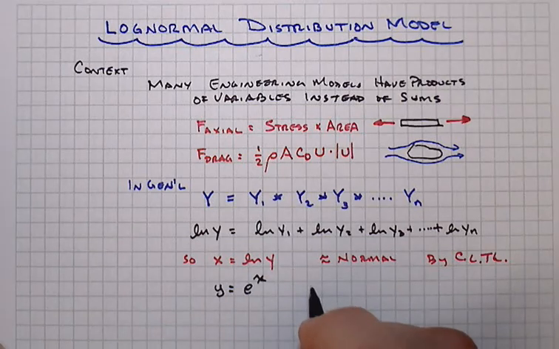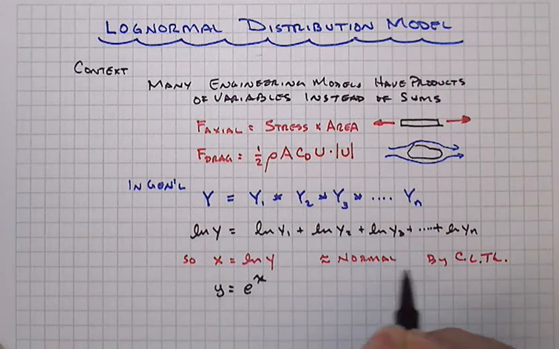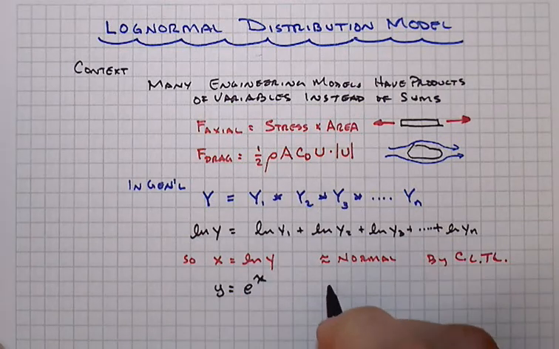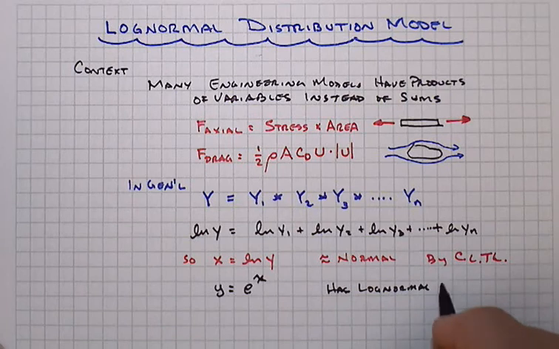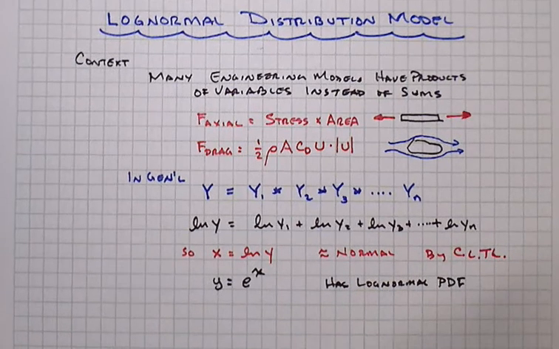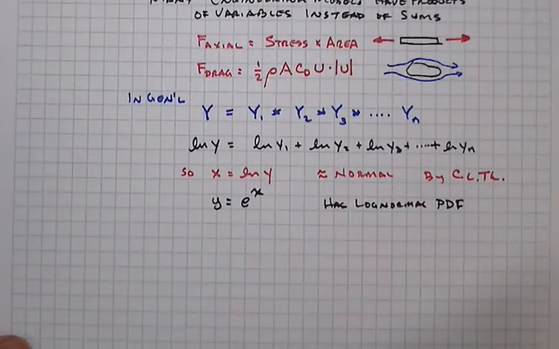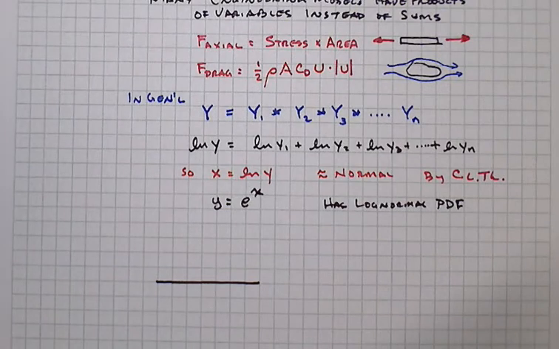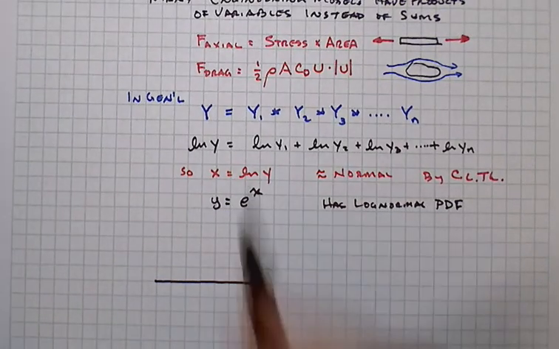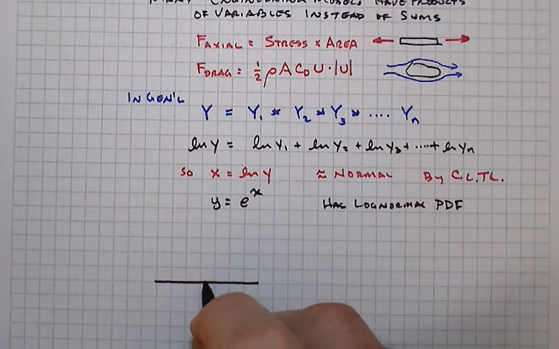And if this is the case, that x has a normal distribution, then y would have what's called the log normal distribution. And in a graphical sense, let's first put down the typical bell-shaped curve that goes along with the normal distribution.